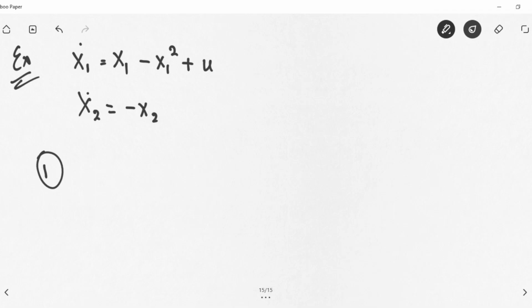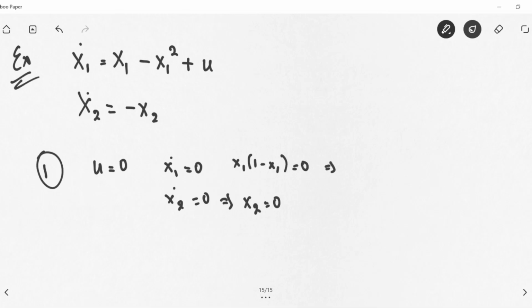Now for finding out the equilibrium points of such systems, you have to equate u equal to 0, fine. You have to equate x1 dot equal to 0, and you have to equate x2 dot equal to 0. x2 dot equal to 0 gives us minus x2 equal to 0, that means x2 equal to 0. x1 dot equal to 0 gives us x1 times (1 minus x1) equal to 0, which implies x1 is equal to 0 comma 1.